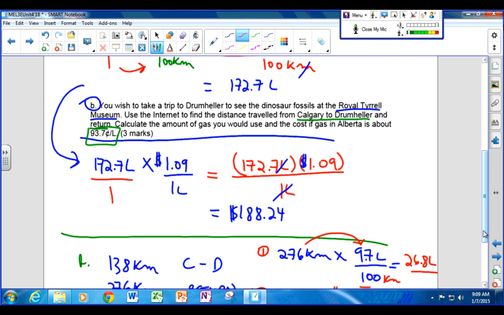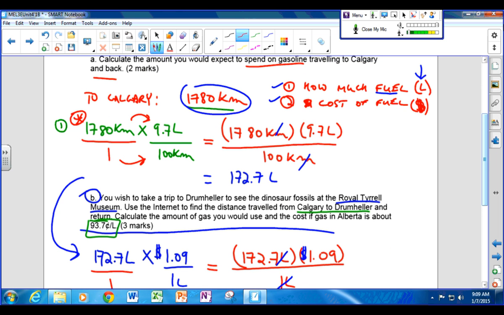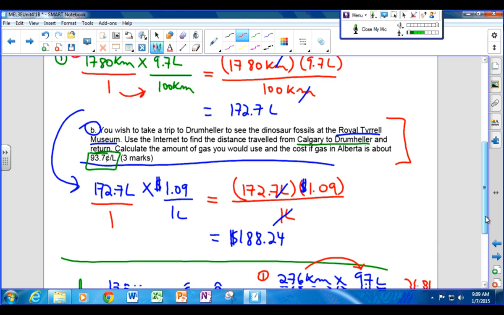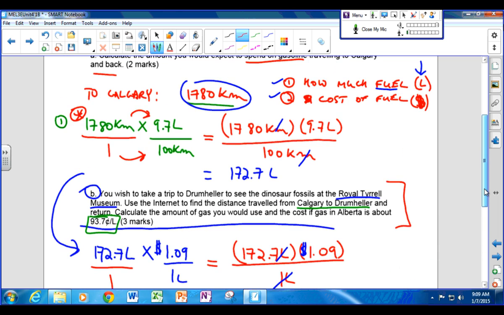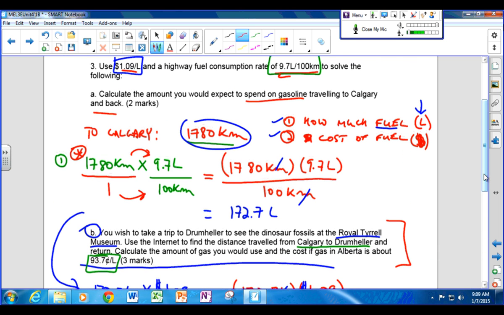We had to skip over the second question to keep doing the calculation. There are two parts to the calculation of the fuel, and I see students quite a bit making this mistake when we're doing these fuel economy and fuel consumption calculations, so I'm going to point it out to you.